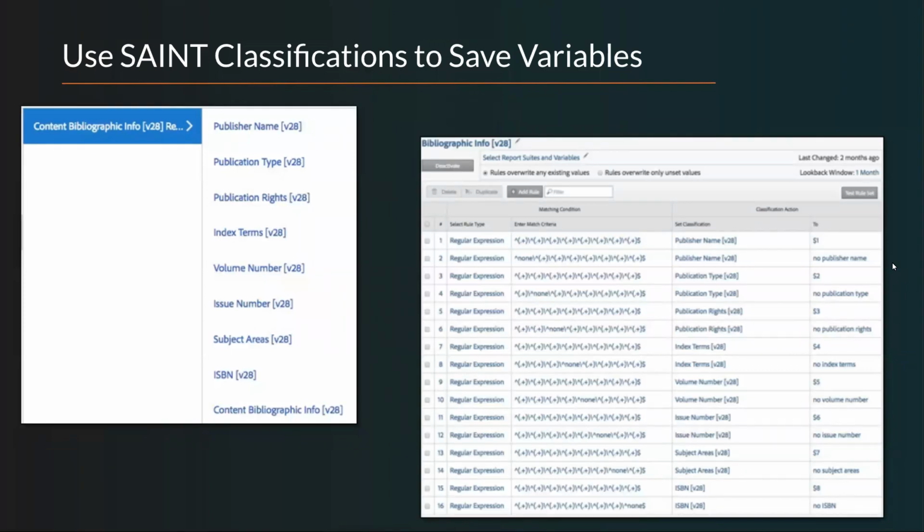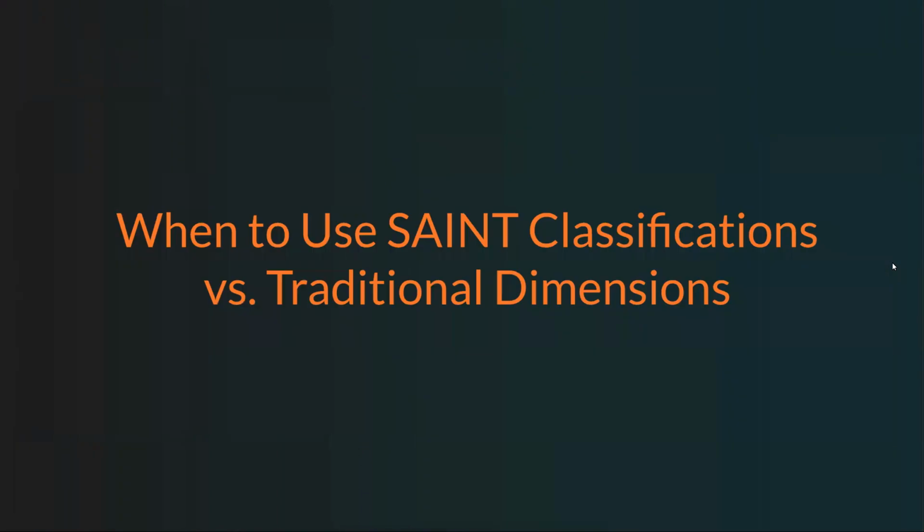And we told people to ignore eVar 28, but use all of the metadata around eVar 28. And then we set up a regex rule that would basically split all of this out. So as long as no one messed up passing the data in the right way, then everything worked out, and they could use one eVar instead of like 12 or 20 eVars. So that's a really cool, handy way to think about using SAINT classifications.